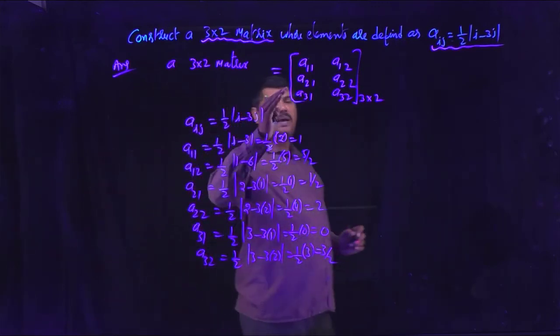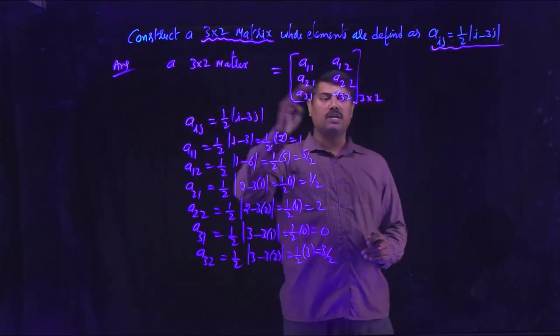So in the first step, we observed what a 3 by 2 order matrix is.